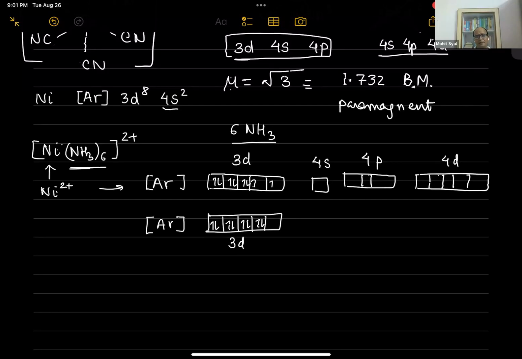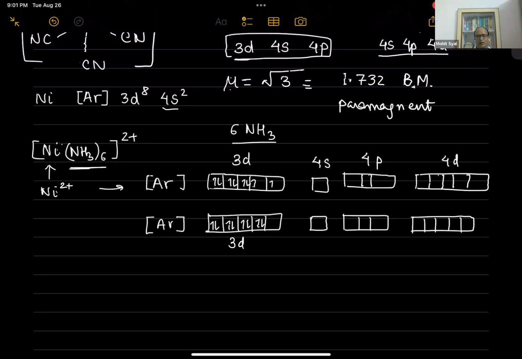But is this pairing of any use to us? Or is it just useless? One of the d orbitals was made available by the pairing.